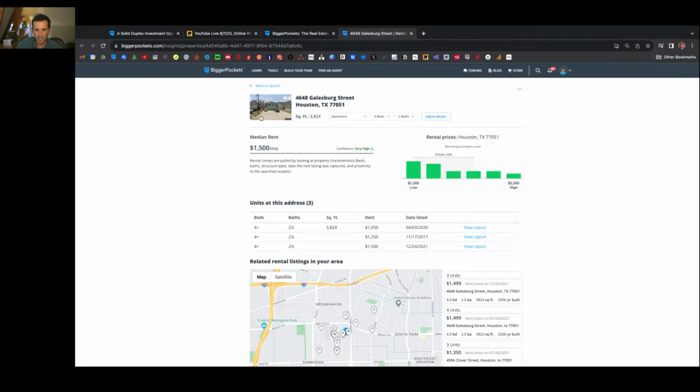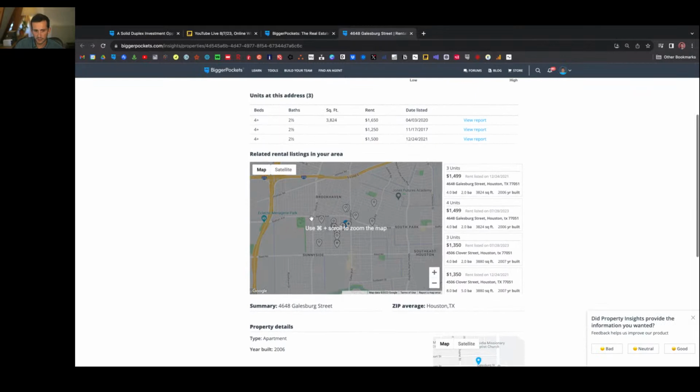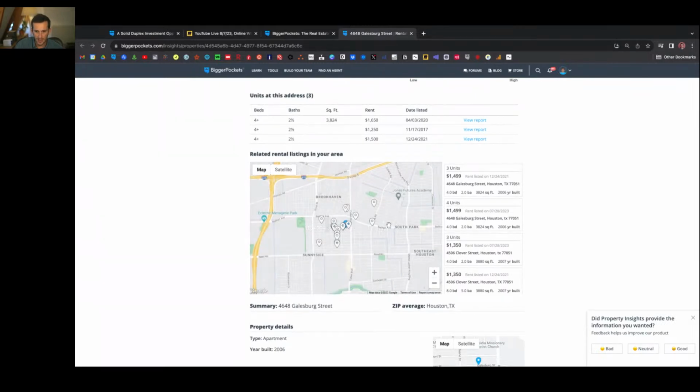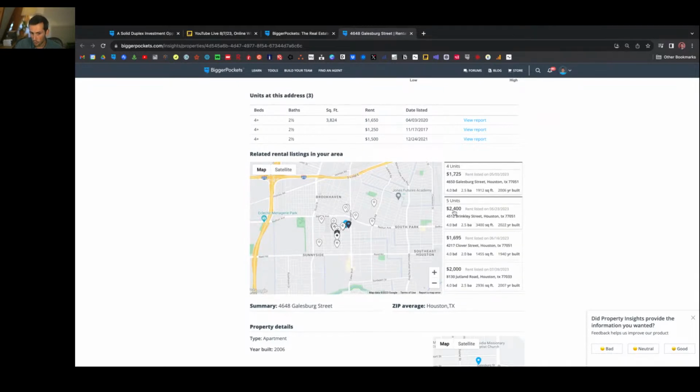But for this one, luckily, for one side of this, remember, this is just 4-bed, 2-bath. The whole property is 8-bed, 4-bath. We're looking at very high confidence. So it's about $1,500, but you can also scroll around here and see the different comps in the area. There's one that's $2,400, a 4-bed, 2-bath, which is interesting because remember earlier, I was saying maybe we do want to renovate it.